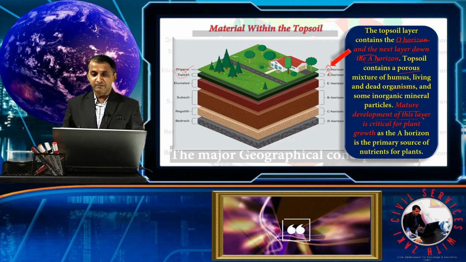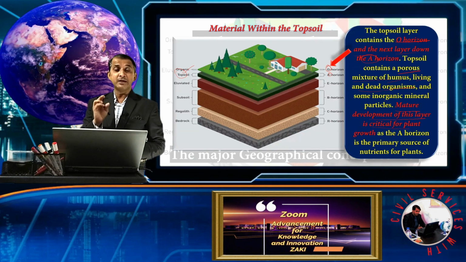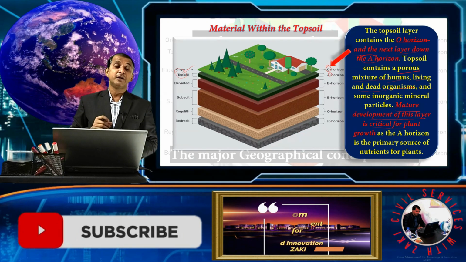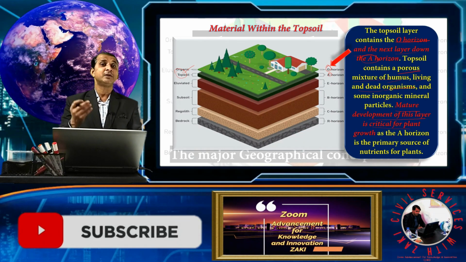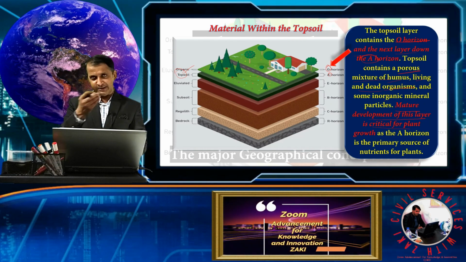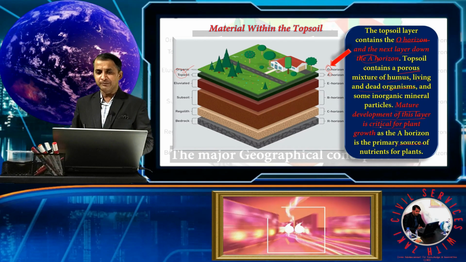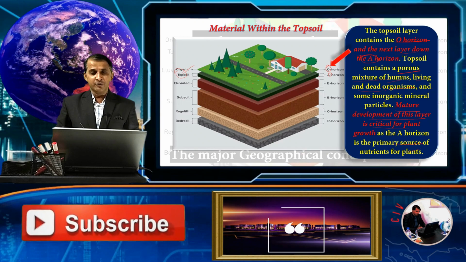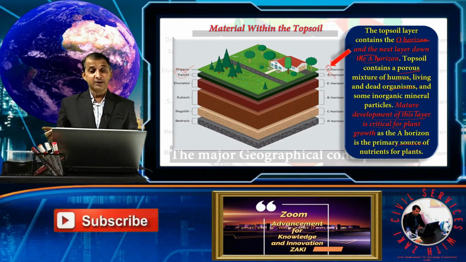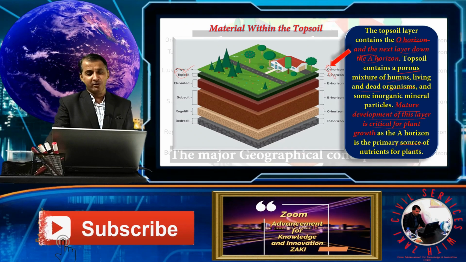The mature development of this layer is critical for plant growth. If this layer doesn't develop, you can't plant any tree or any crops in the field. The A horizon is the primary source of nutrients, meaning minerals, for the plants.